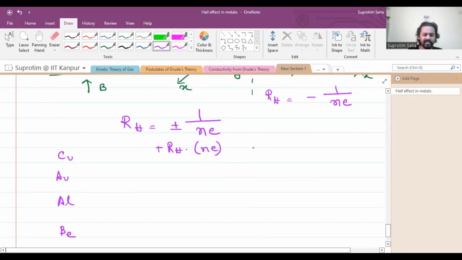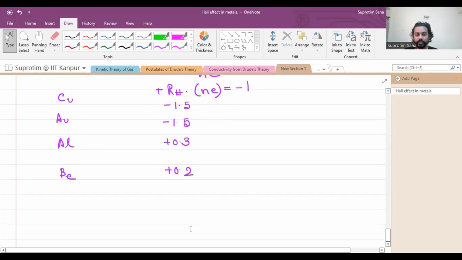This is as per your convention, whatever you choose. So for copper, it's minus 1.5. For gold also, it's nearly minus 1.5. Drastically, what you see is that for aluminum, it's much lesser and also positive. And for beryllium also, it is positive.